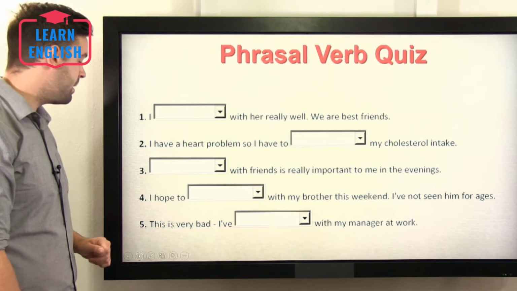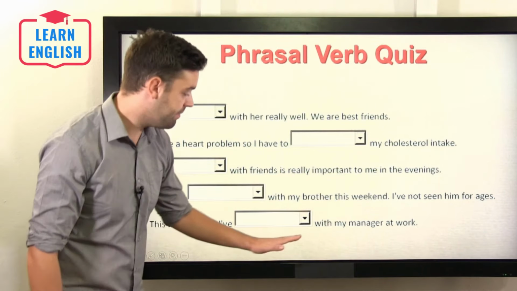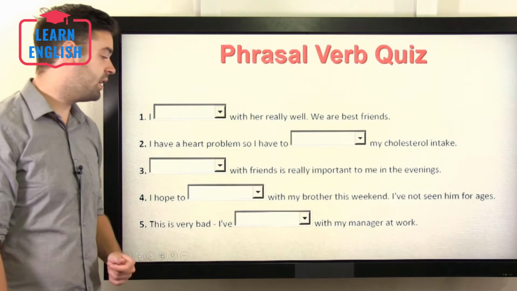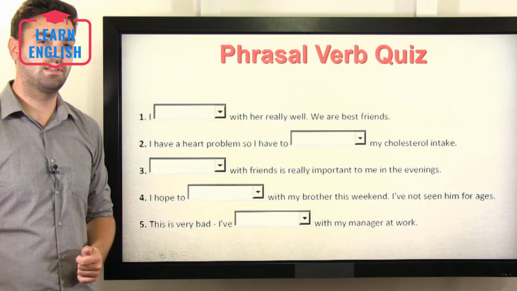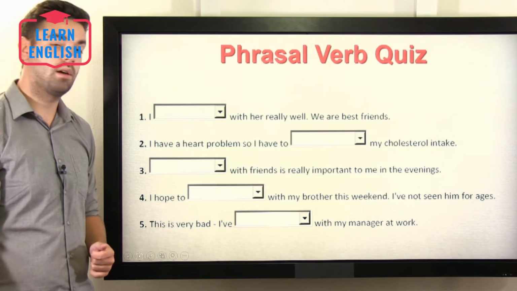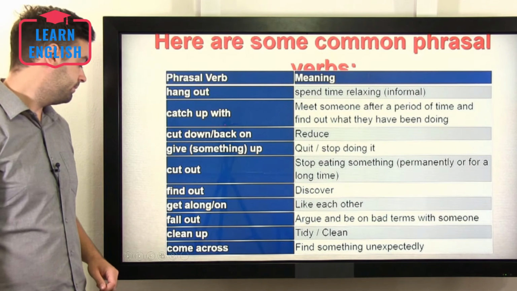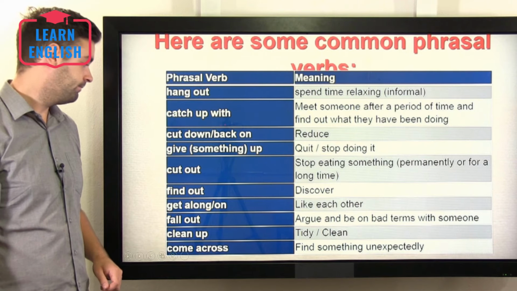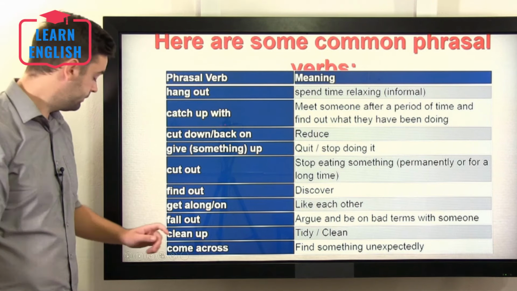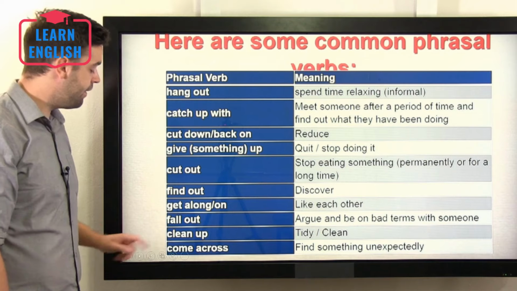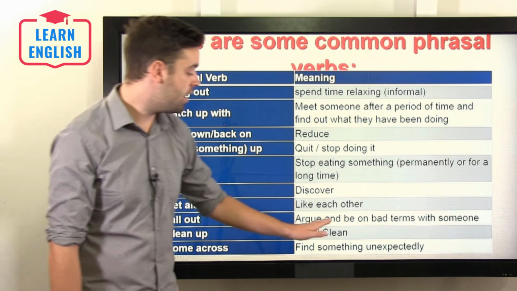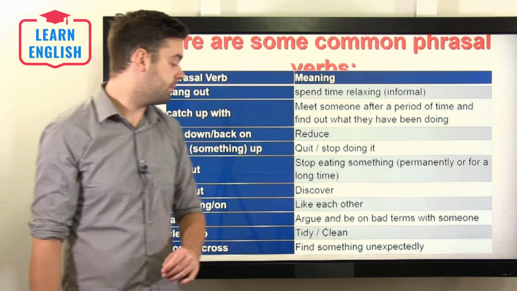Number 5: This is very bad. I've blank something with my manager at work. So what could this be? Let's go back. So I've fallen out, which means to argue and be on bad terms with someone.